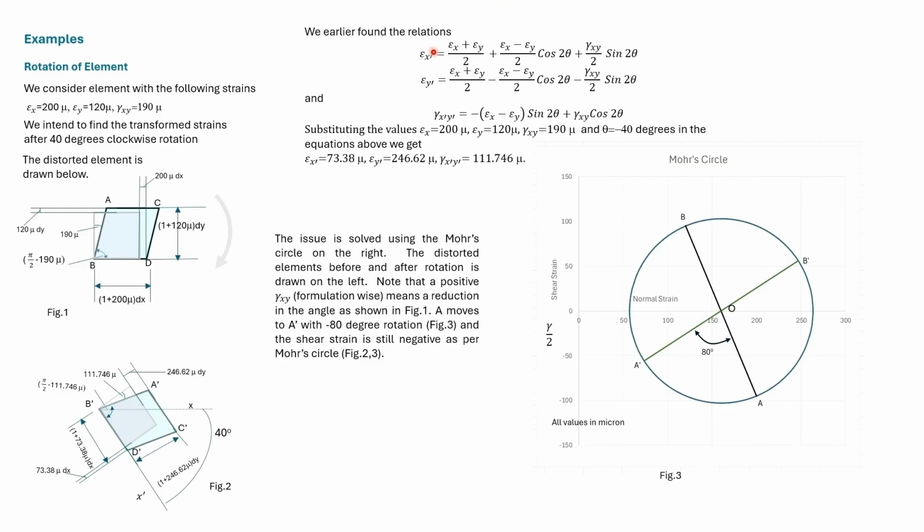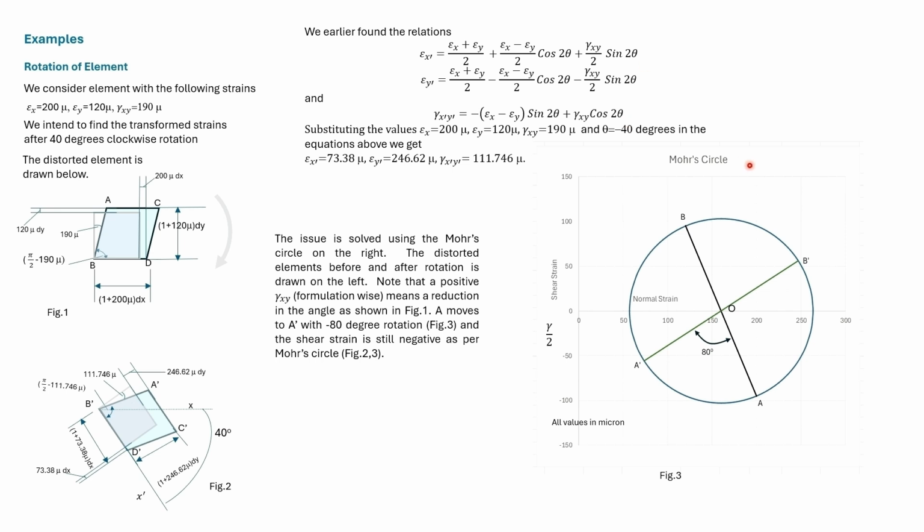So these were the formulas that we earlier obtained. Substituting these values and theta is equal to minus 40 degrees, we get epsilon x dash, epsilon y dash, and gamma x dash y dash. We consider theta as minus 40 because clockwise rotation is considered as negative.